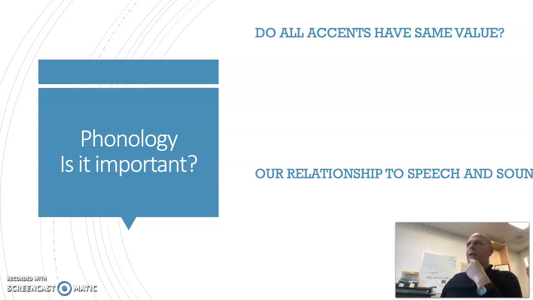Lightbown and Spada give an example of this in their book, in the chapter that you're reading, that some learners of language will hold on to an accent because it's part of their identity, and they have some kind of resistance, even if this is conscious or unconscious, to joining a dominant linguistic group because they may fear losing their identity, or they may feel that this is a way to resist losing their language.